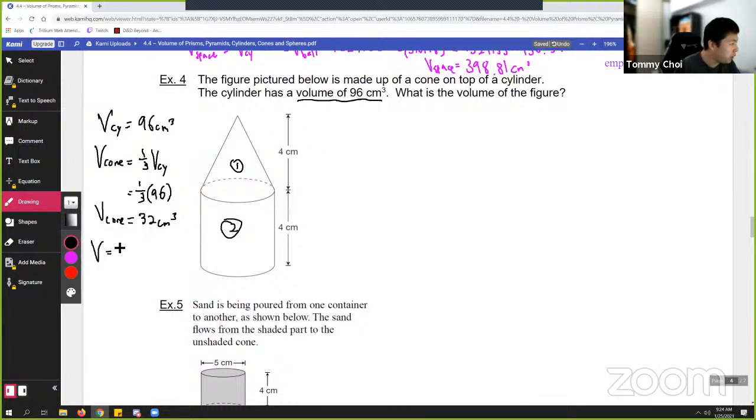Well, the volume of the figure is the volume of the cylinder plus the volume of the cone. And that's going to be 96 plus 32. So, what's that going to give me? Well, that's going to give me 128.